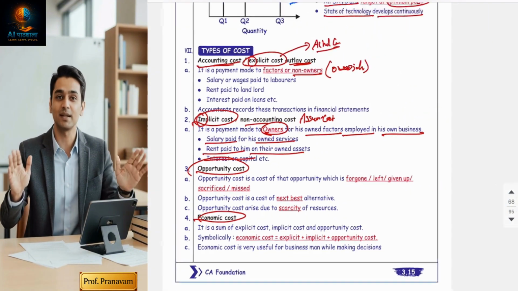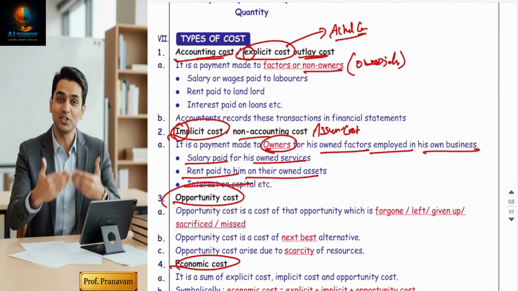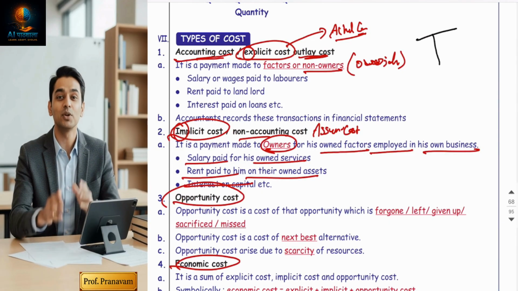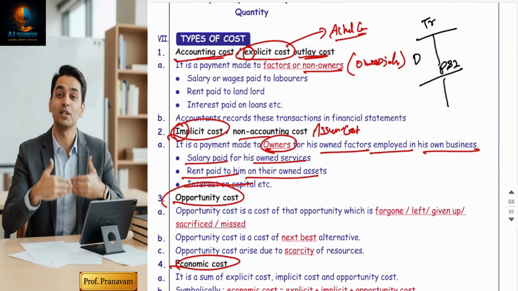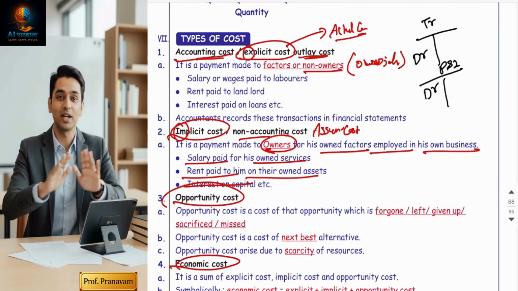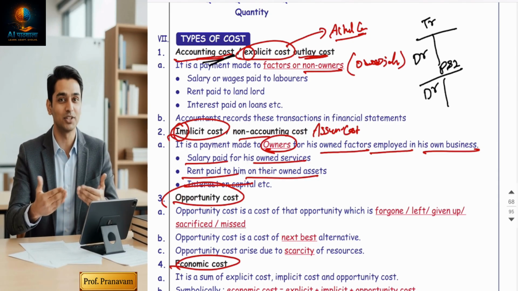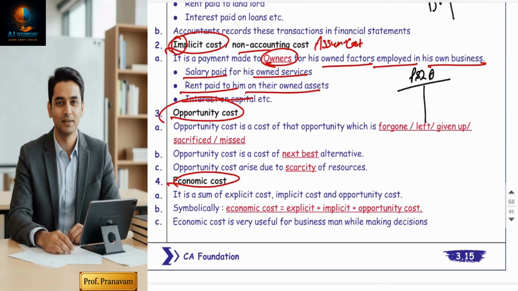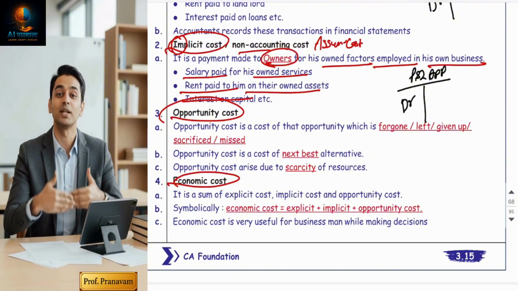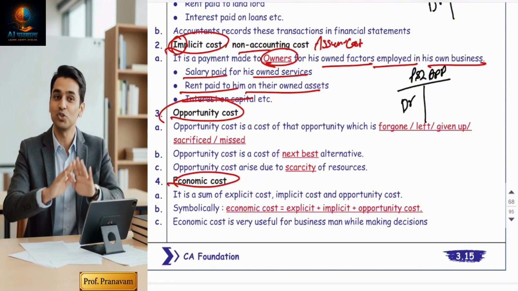Now, in CA Foundation, if you have studied partnership final accounts, you make the trading account and the P&L account. Whatever you write on the debit side of the trading account and P&L account is my explicit cost, accounting cost. But you make one more account, the P&L appropriation account. On its debit side, you write salary paid to partner and interest on capital paid to partner.